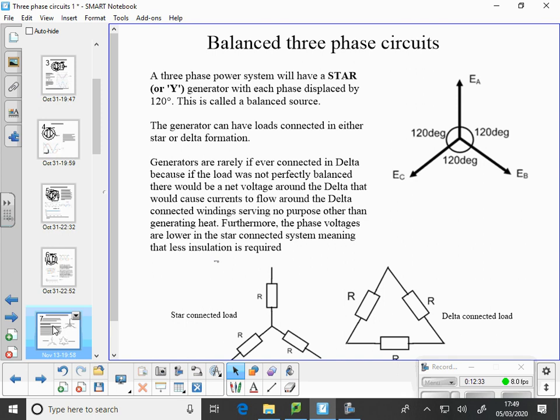So we've got EA, EB, and EC, all with 120 degrees between them. When we get on to calculations later, we'll start to give one of these a positive 120 degrees and the other one a negative, from this one being 0. That's how we'll deal with that calculation wise.